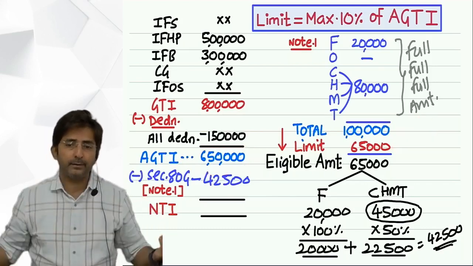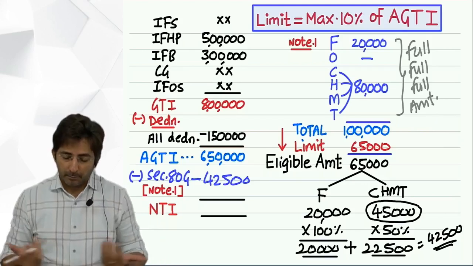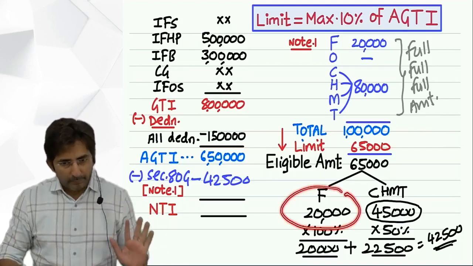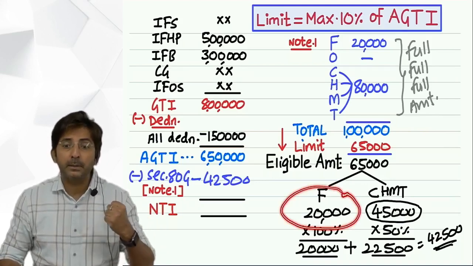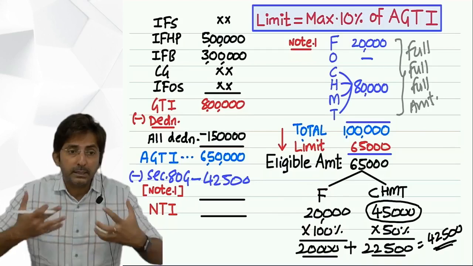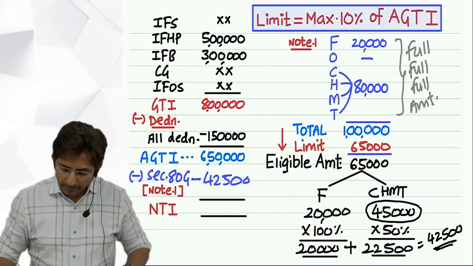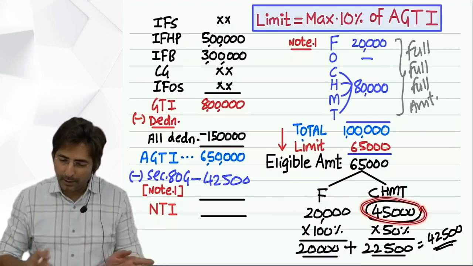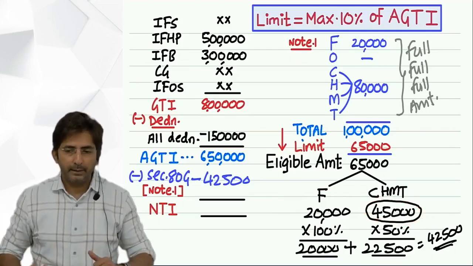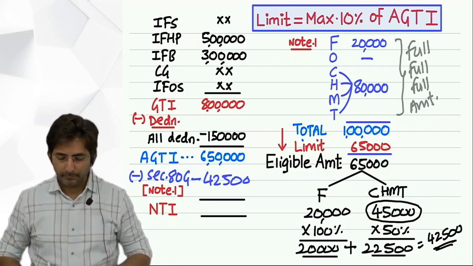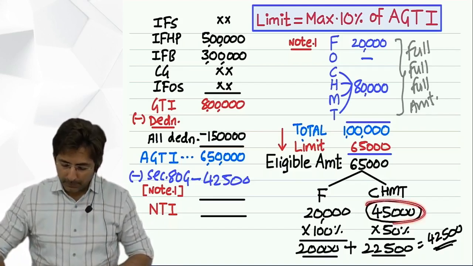Then bifurcate. How? First preference you should give to family planning, because that gives me 100% deduction, and the more deduction I get, my tax will be less. Then the remaining balancing figure you will allot to Chamat, and you will give Chamat 50% of that.